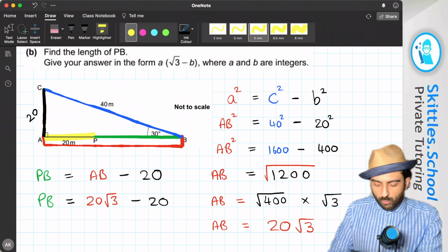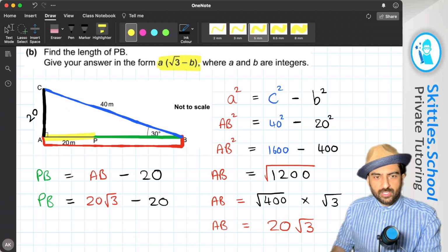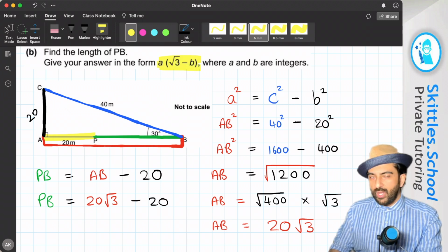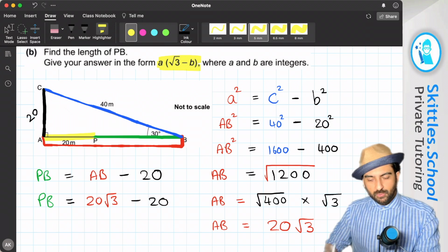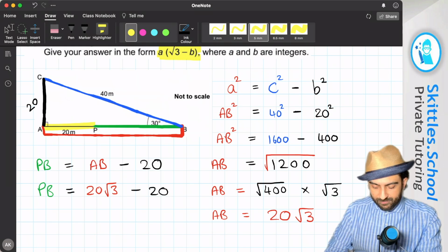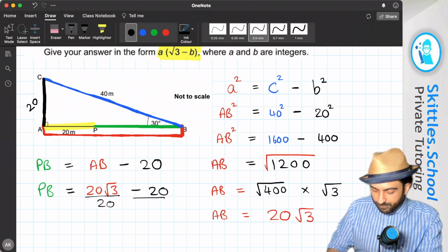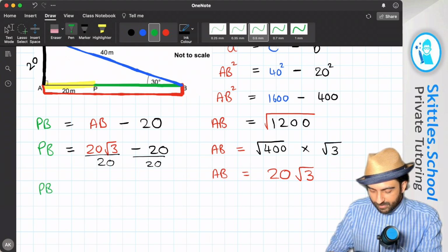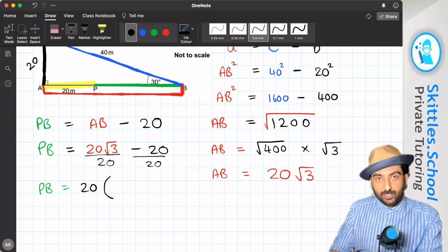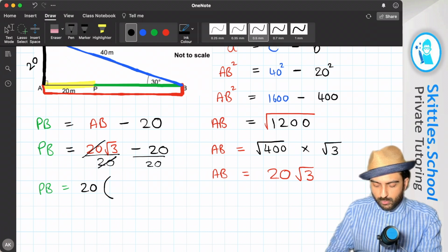So PB is equal to that. But that doesn't look like the way that the question wants it. The question wants it in this form: a brackets root 3 minus b, where a and b are both integers. So this answer, we can factorize it. We can factorize it for 20. So if I was to divide both of these by 20, we would get PB is equal to 20 brackets, 20 root 3 divided by 20, the 20s cancel, and we're left with just root 3.